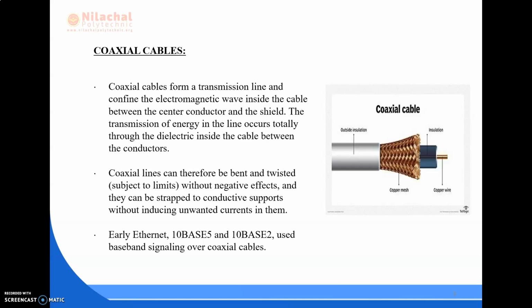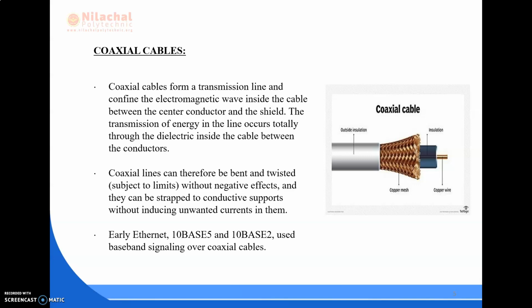Let's start with what a coaxial cable is. Coaxial cable forms a transmission line and confines the electromagnetic wave inside the cable between the center conductor and the shield. The transmission of energy in the line occurs totally through the dielectric present inside the cable between the conductors.